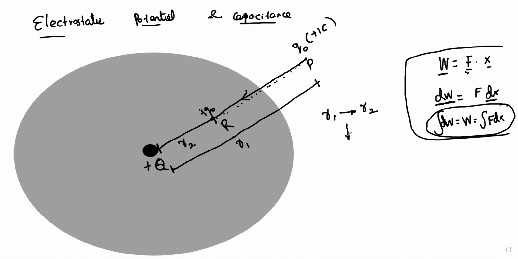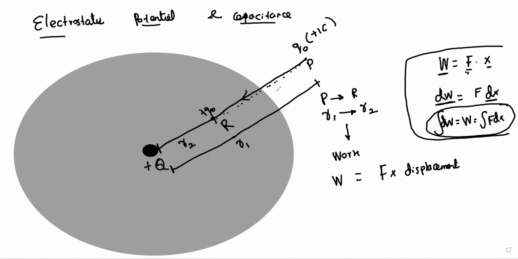For moving this distance, from P to R, I need to do some work. That work should be force into displacement. But the problem here is that I have to do the work against the repulsive force, because plus Q repels it.